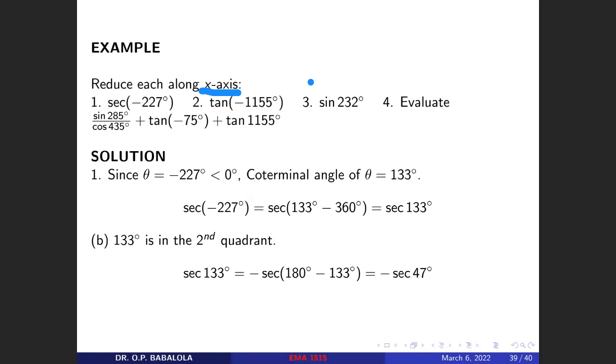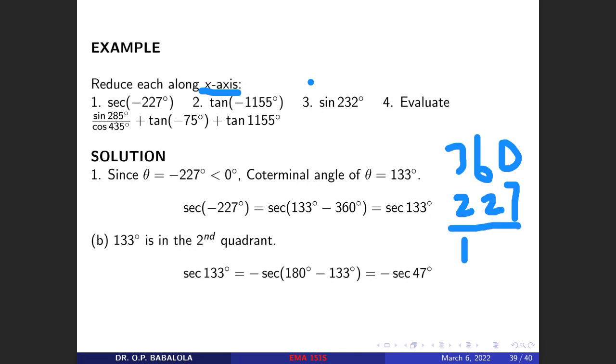I think every one of you knows how to find the coterminal angle. Let's say we are reducing along the x-axis. That's 360 minus 227, which would be what? 133.